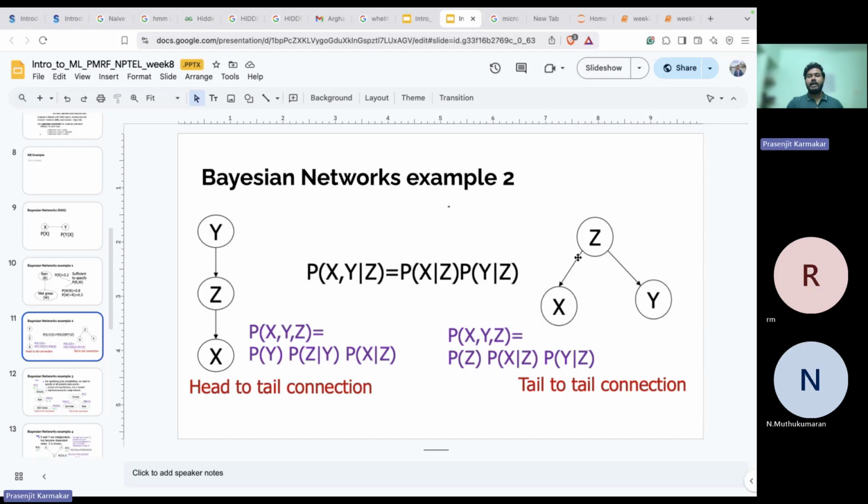Now, if my graph looks like this, where x and y both depend on z, then the probability multiplication is different. See, for the probability of x, y, z, z is independent, so the probability of z times the probability of x given z, times the probability of y given z.